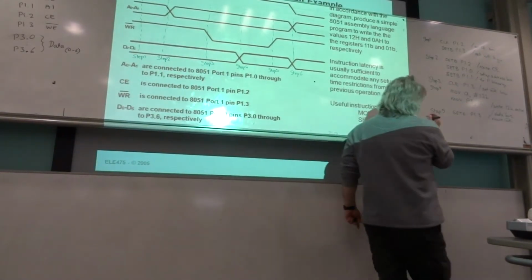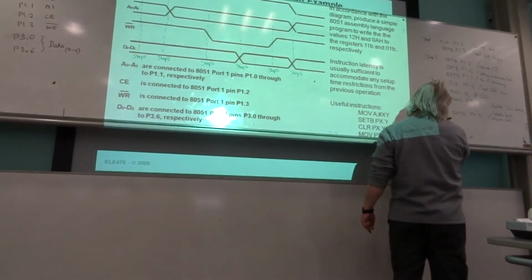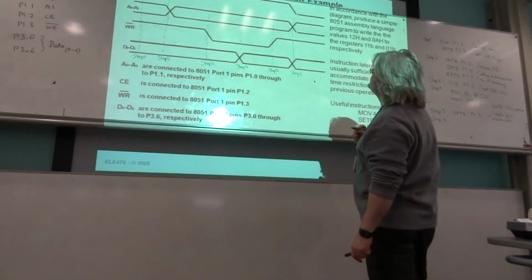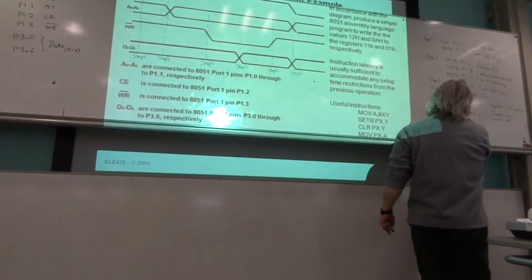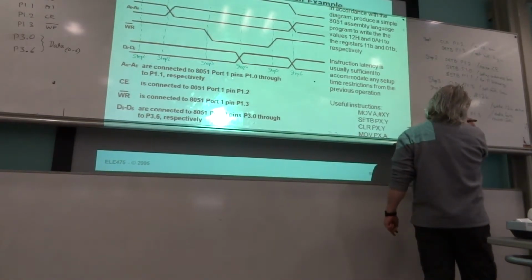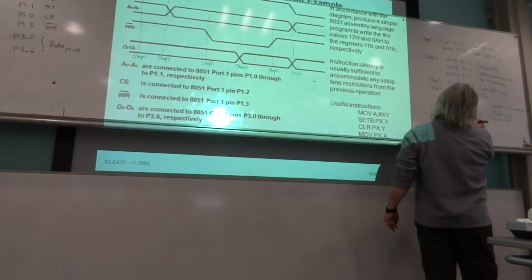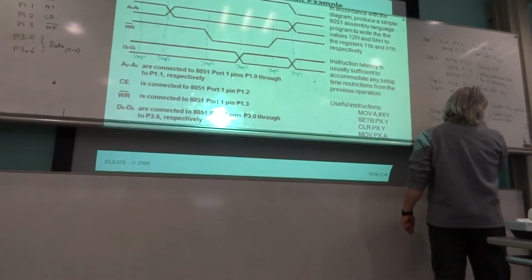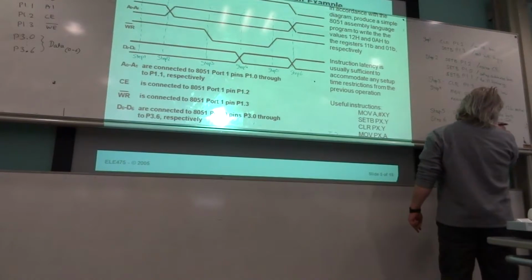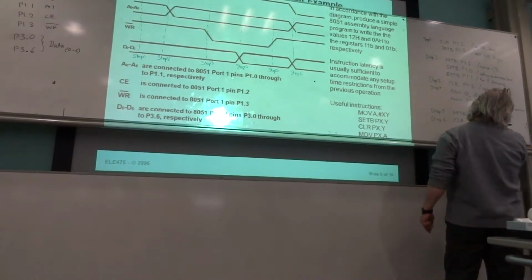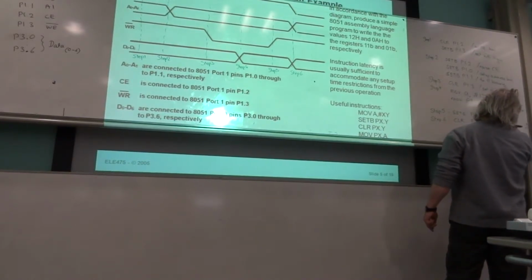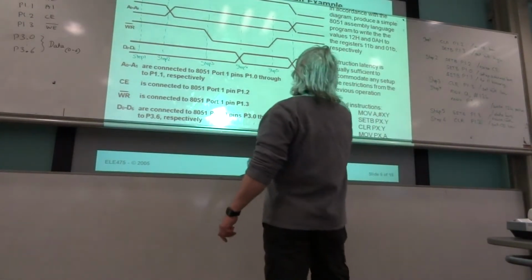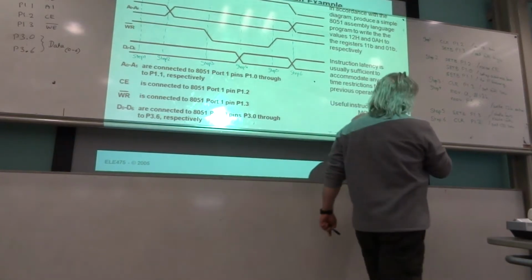So, step 6, I need to lower chip enable, so that would be clear P12. Whoops, that's not P12. P12, set CE low.